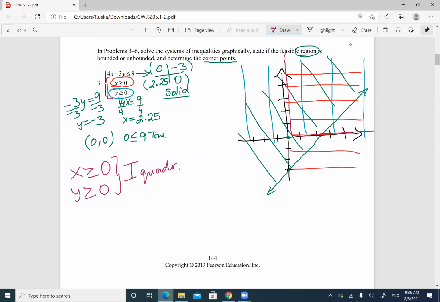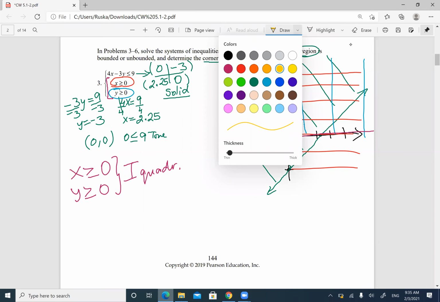Okay? So now, looking at this mess I created, where is the area? Where is the region? So it's going to be over here, see? I'm going to pick a different color, like this color.